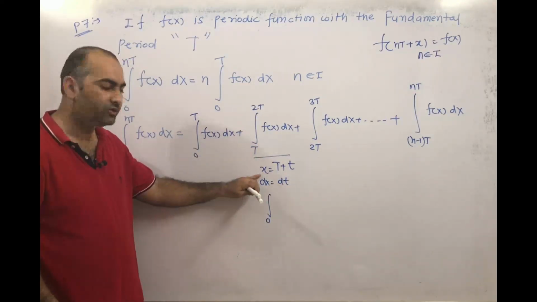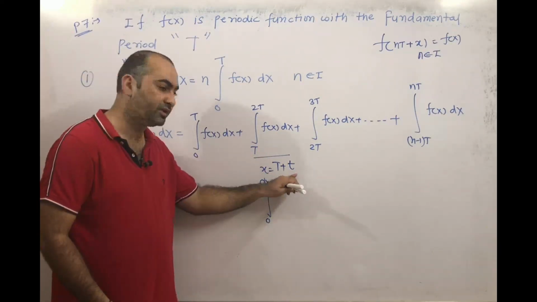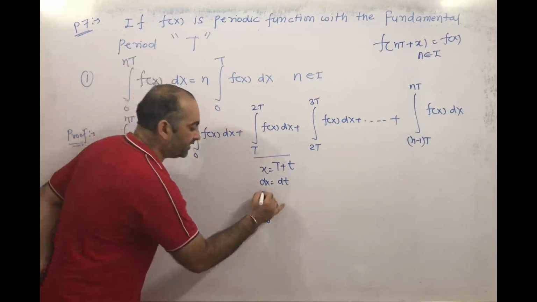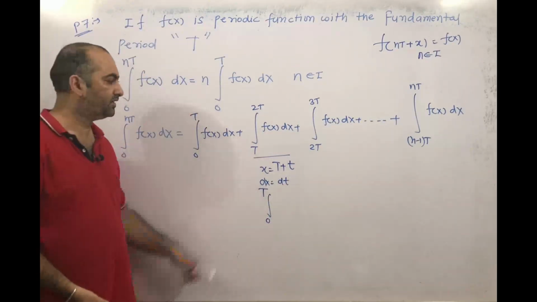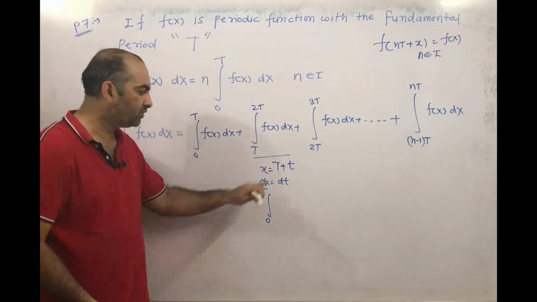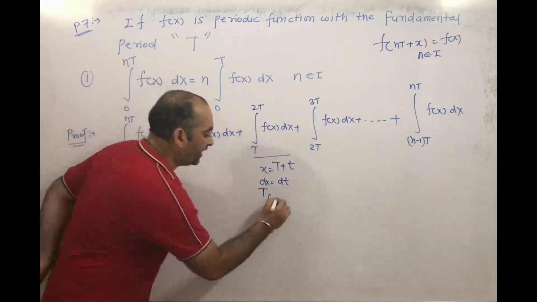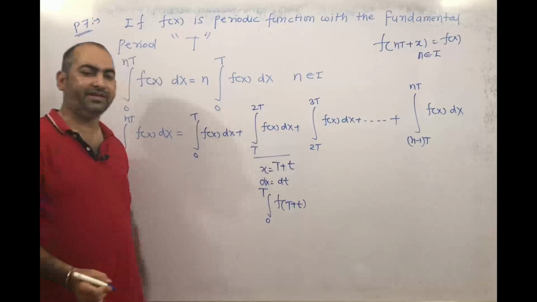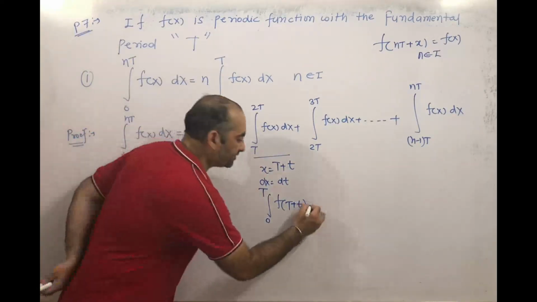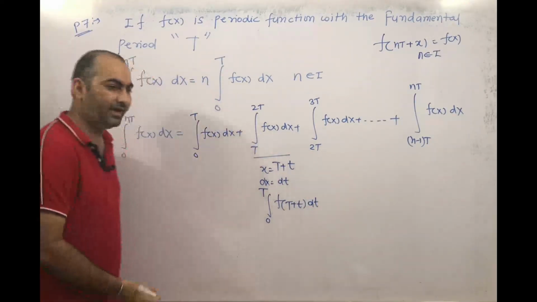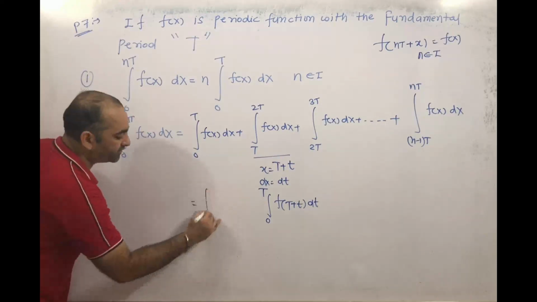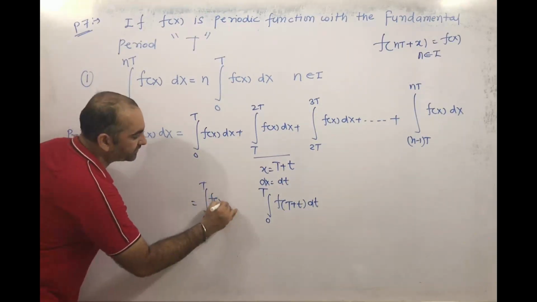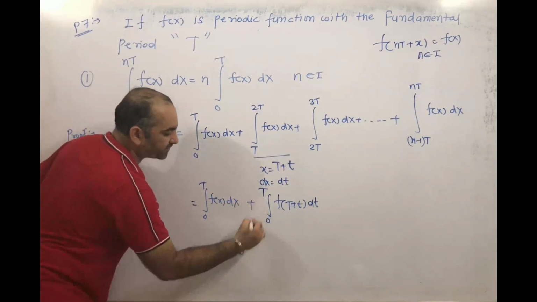If you put 2T here, 2T equals T plus small t, so small t value will be T. And this function will be f of capital T plus small t, and instead of dx we have dt. Okay, and this one we are writing as it is, 0 to T f(x) dx plus.